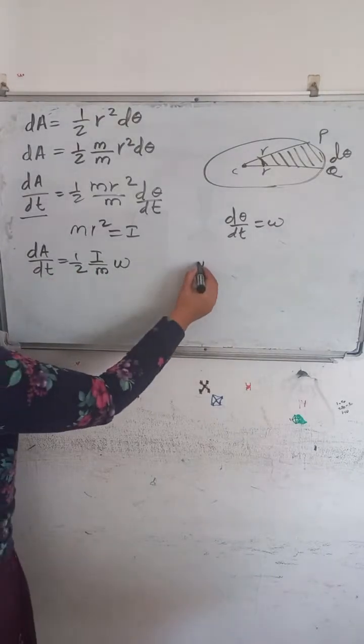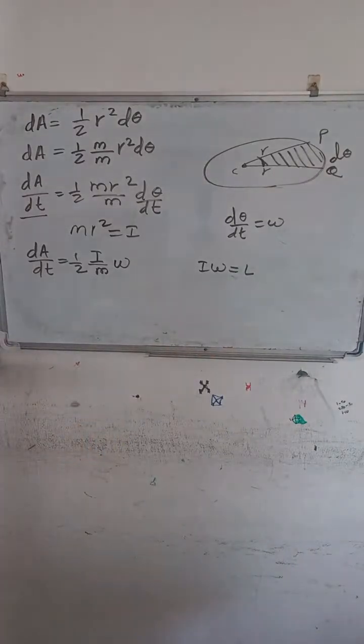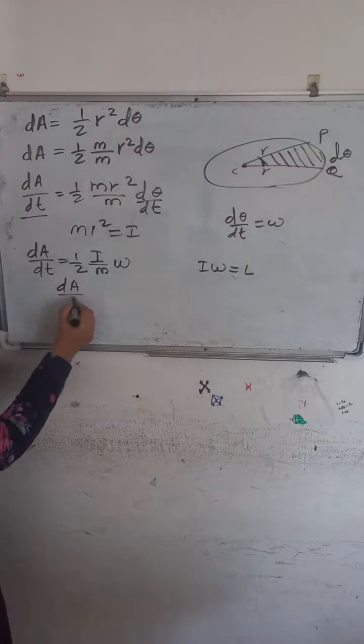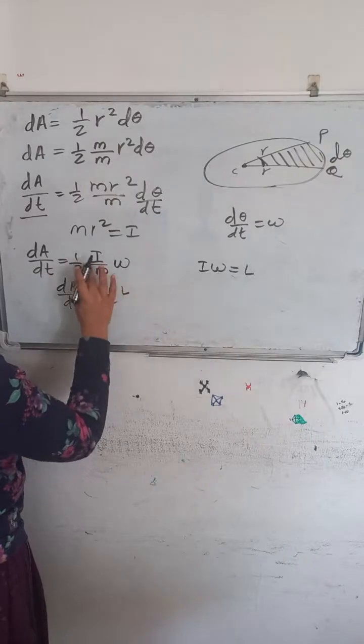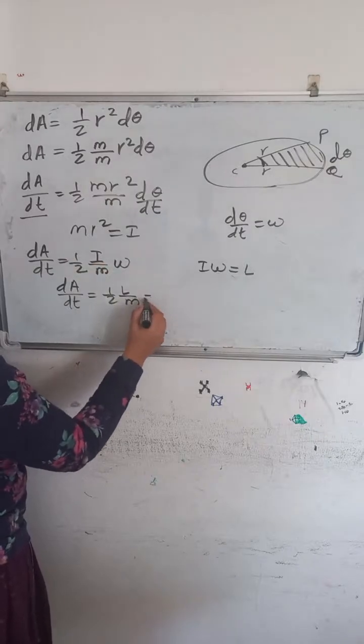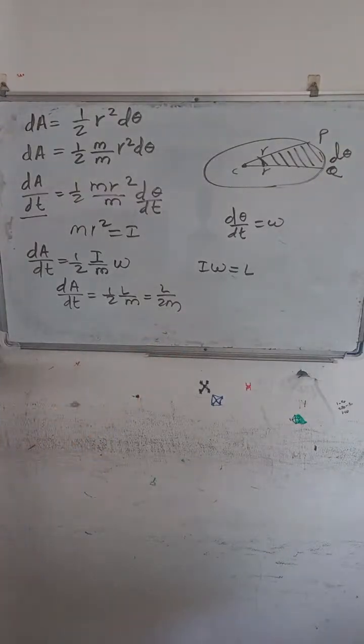After this we know that L is nothing but I omega. So we can write dA by dt is equal to half L upon m, or L upon 2m. That is the areal velocity, and it should be constant throughout the rotation. L is the angular momentum.